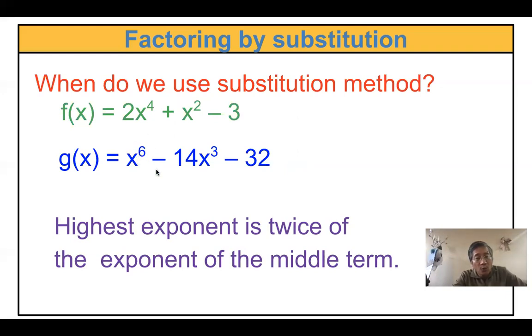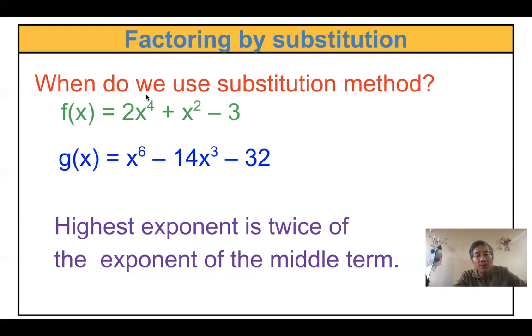Are they twice the exponent of the middle term? The middle terms are 2 and 3, so 4 is twice 2, and 6 is twice 3. Yes, it is double. And then we use the substitution method.